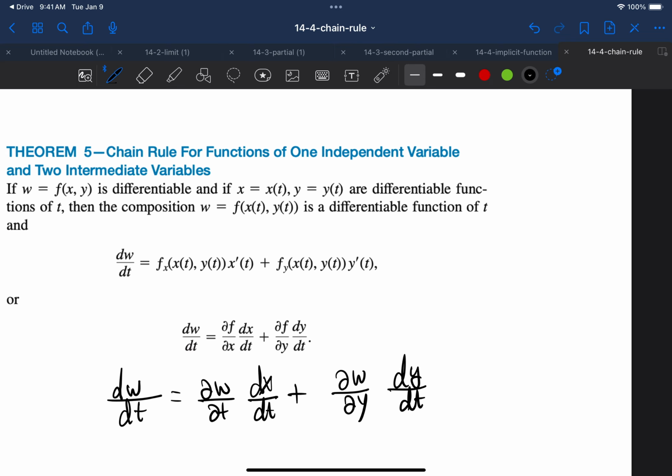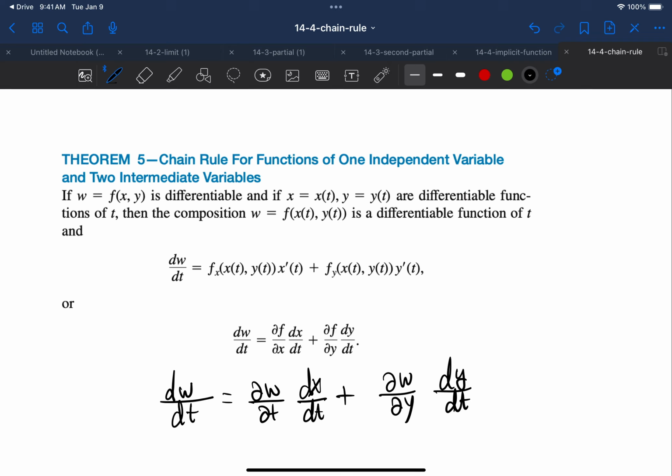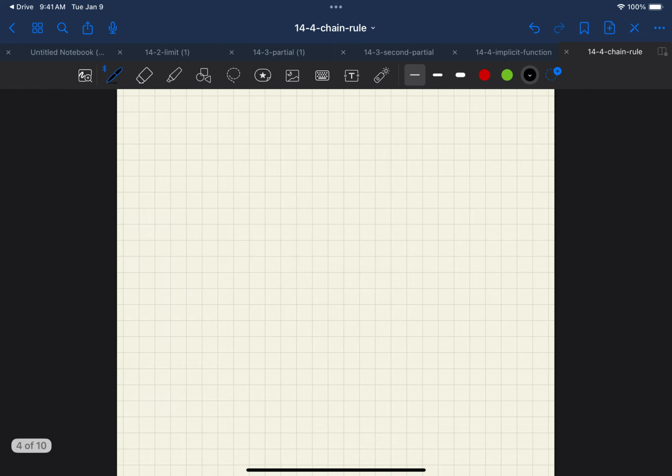To prepare for even more complicated cases, we are going to try to find a pattern for this kind of chain rule. So w is a function of x, y, and we can put this in a diagram. I can think of w as a machine or function which depends on what variables you're feeding from the x and y machines.